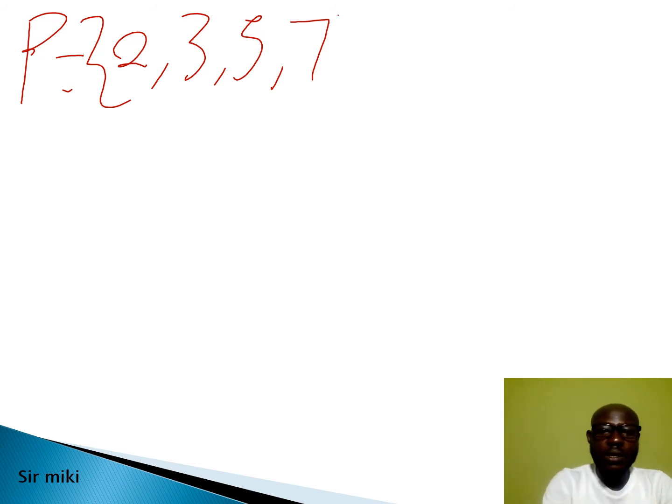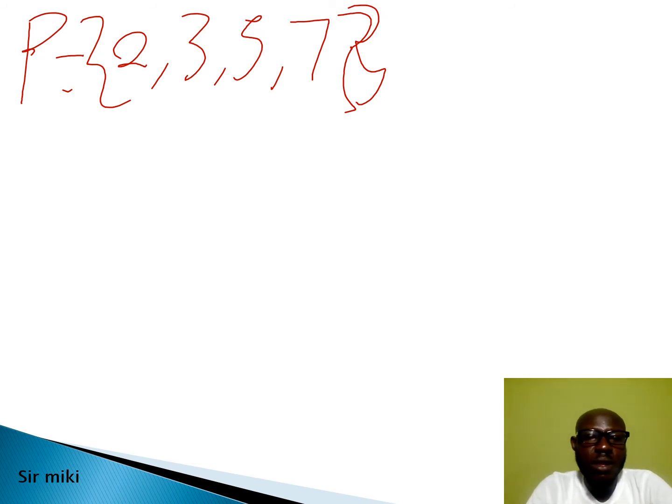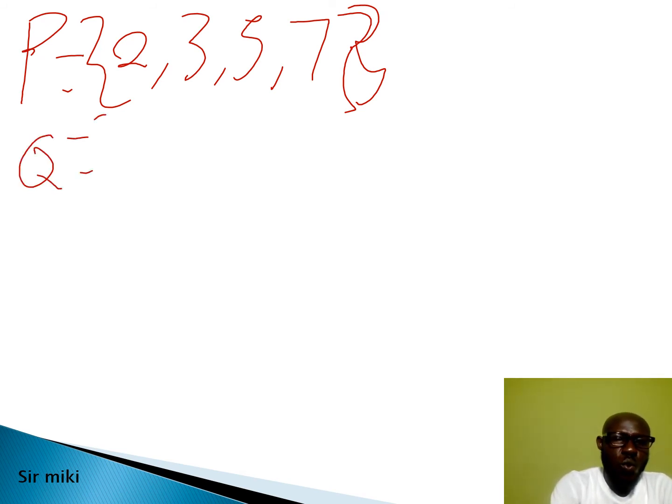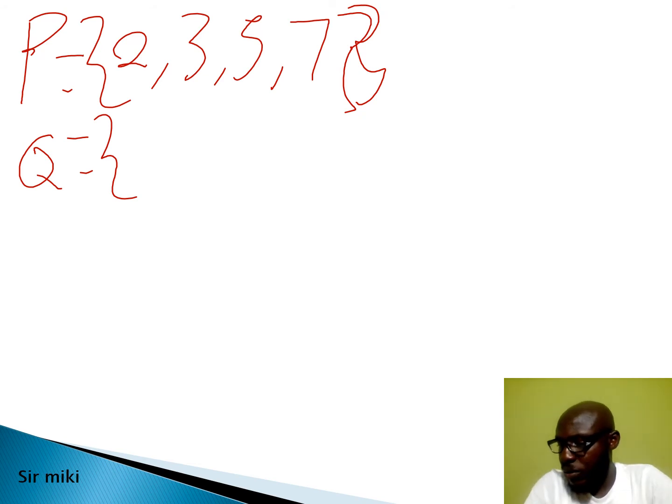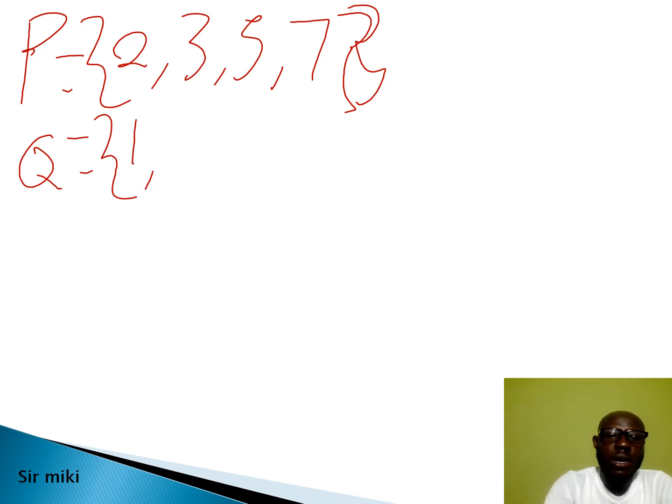Now we are saying that these numbers should be less than 10. So 2, 3, 5, 7. These numbers are less than 10. They are prime numbers too because they have only 2 factors. Now let's look at set Q. We are to list odd numbers less than 5. 1 becomes an odd number, 3 becomes an odd number. So these numbers are less than 5.